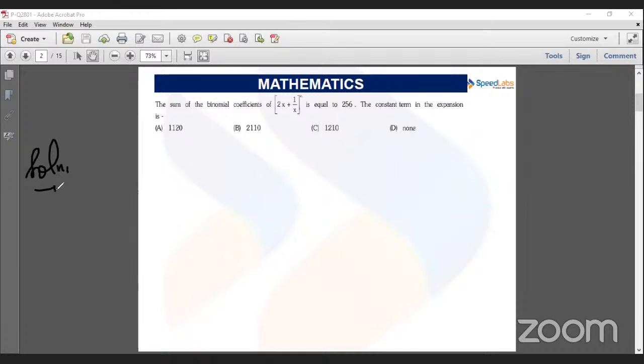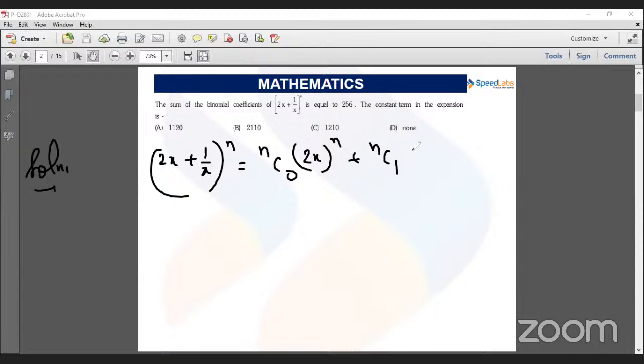Sum of the binomial coefficients of (2x + 1/x) power n is equal to 256. The constant term in the expansion is? So the general expression of (2x + 1/x) power n will be nC0 (2x) power n plus nC1 (2x) power (n-1) into 1 by x plus nC2 (2x) power (n-2) into 1 by x square, and so on.